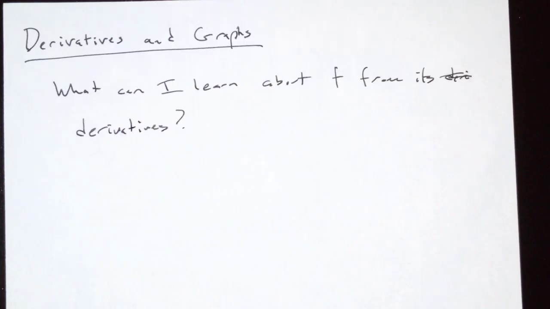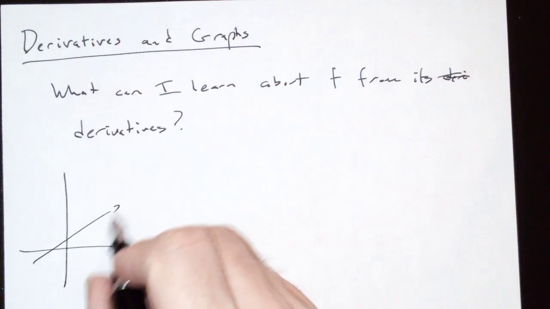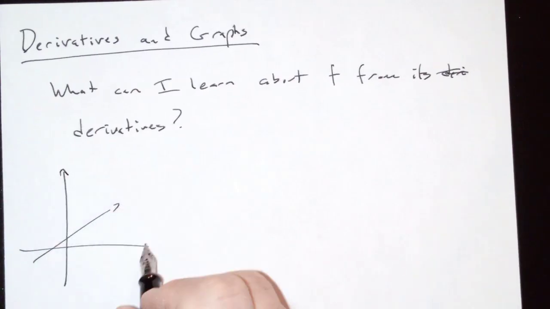All right. Because the majority of people in the world are right-handed, a line going that way, as we travel from left to right, is increasing.